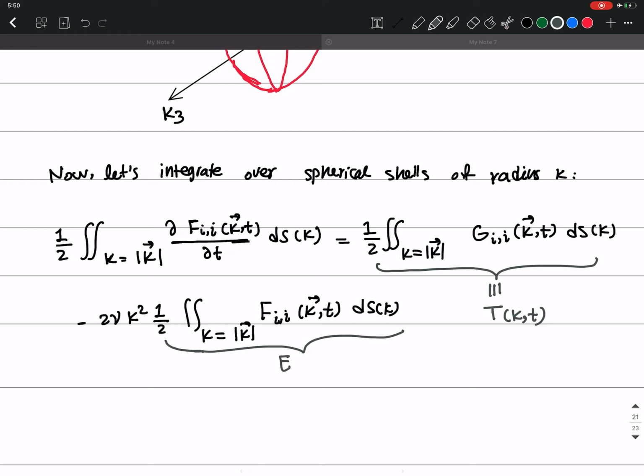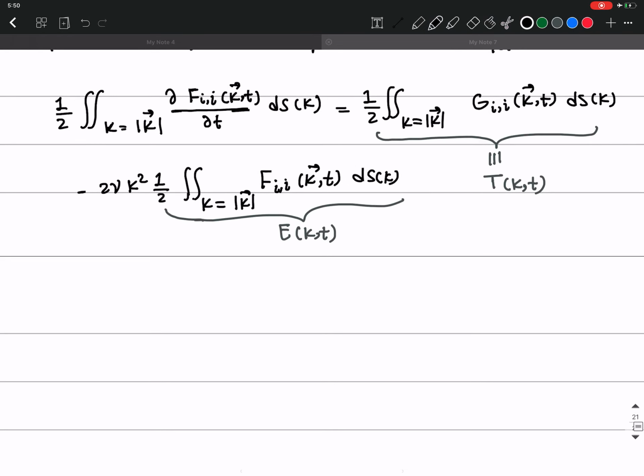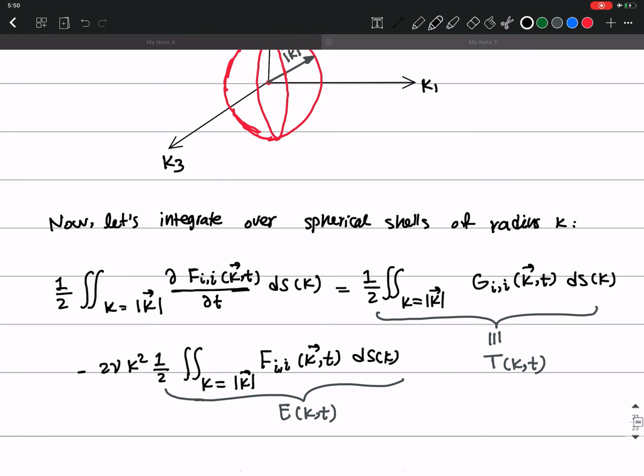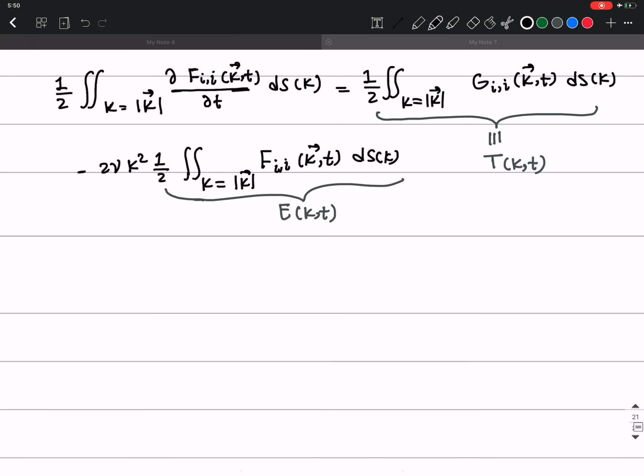This other term is also E(k,t), but the time derivative of that.